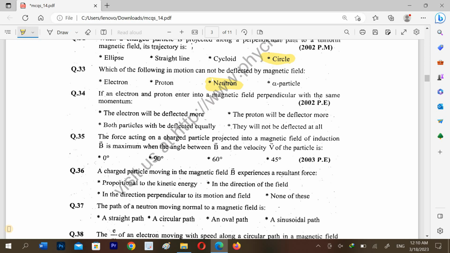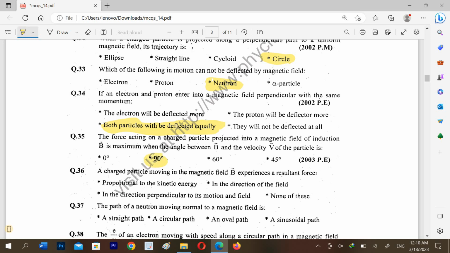If an electron and proton enter into a magnetic field perpendicularly with the same momentum, both particles will be deflected equally. The force acting on a charged particle projected into a magnetic field of induction B is maximum when the angle between B and the velocity v of the particle is 90 degrees.